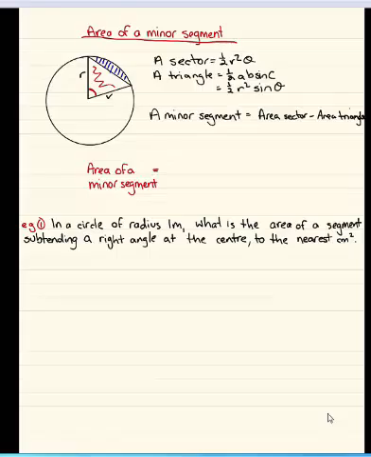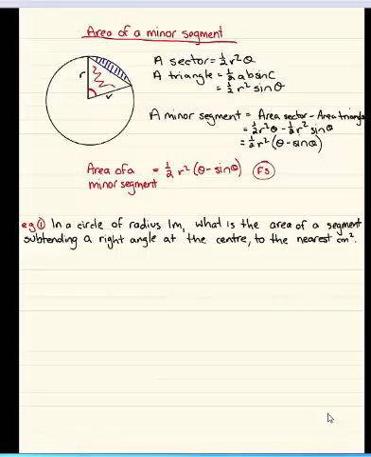So we end up with a half r squared theta minus a half r squared sine theta, which we can simplify. So that simplifies to a half r squared, because there's your common factor, outside of theta minus sine theta. So that's your formula: a half r squared, theta minus sine theta. And again, you now have a formula sheet for that.